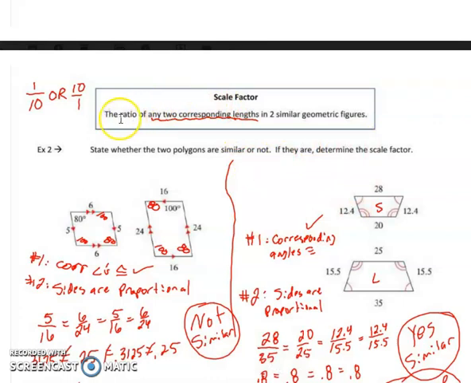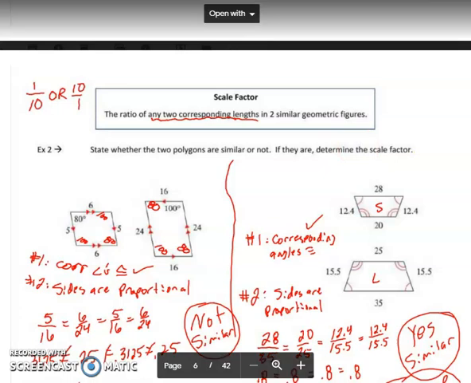Scale factor is the ratio of any two corresponding lengths in two similar figures. It says state whether the two polygons are similar or not. And we just said that all the corresponding angles have to be congruent, and we also have to have the ratio of the sides all be proportional. So that's what we're going to look at with this example.